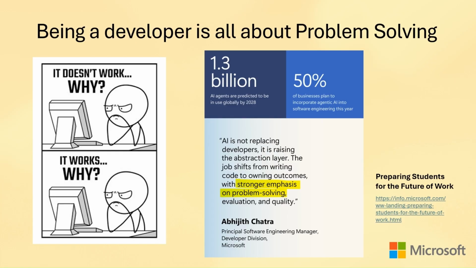These AI tools are simply raising the abstraction layer. The job is shifting from developers being responsible for writing individual lines of code to owning holistic outcomes. So again, these core skills of problem solving, evaluating impact, and quality assessment are more important than ever.